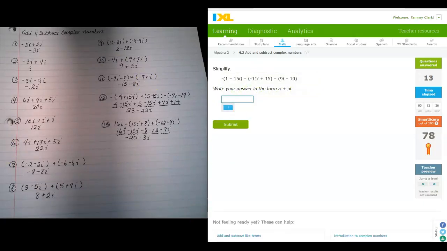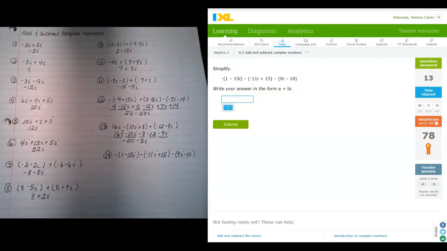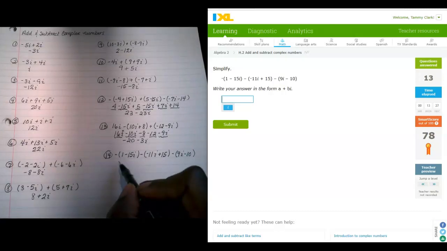All right. Let's continue. So we've got negative 1 multiplied by 1 minus 15i, negative 1 multiplied by negative 11i plus 15, and then negative 1 multiplied by 9i minus 10. We'll go through and distribute all of the negatives and then combine like terms. So we've got negative 1 times 1 is negative 1.